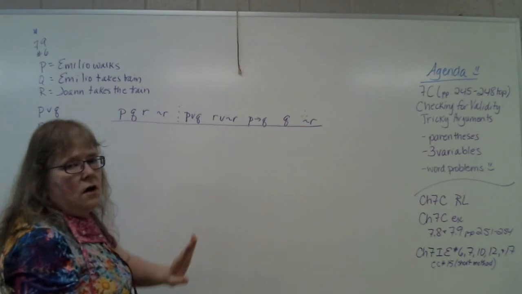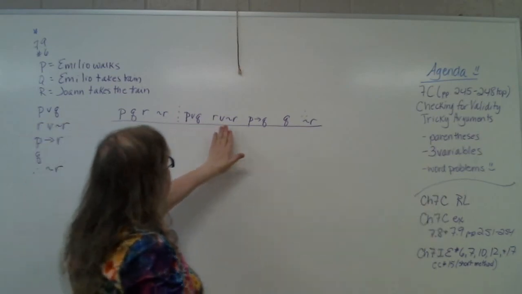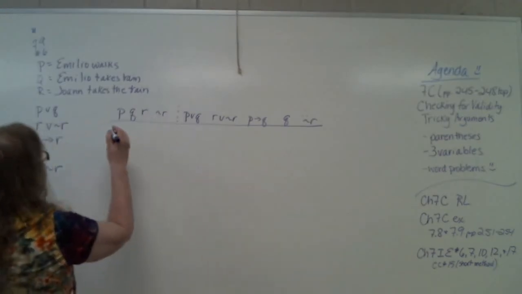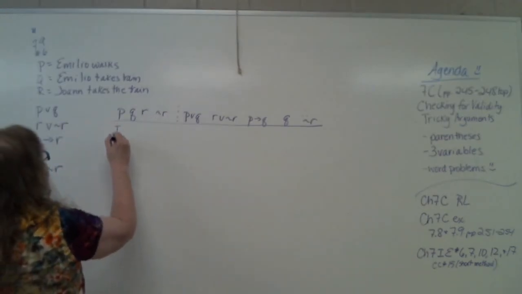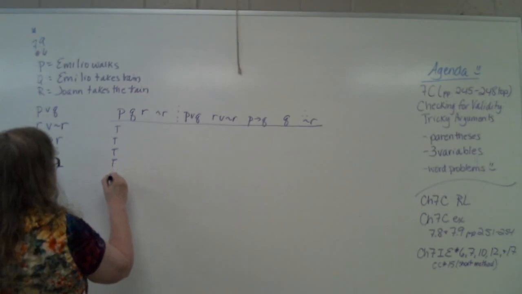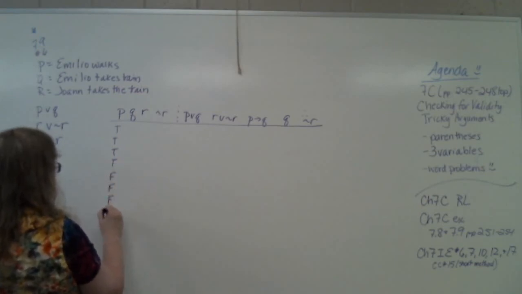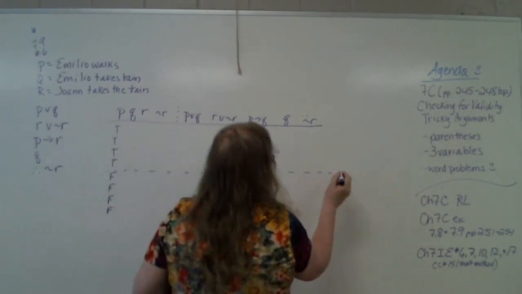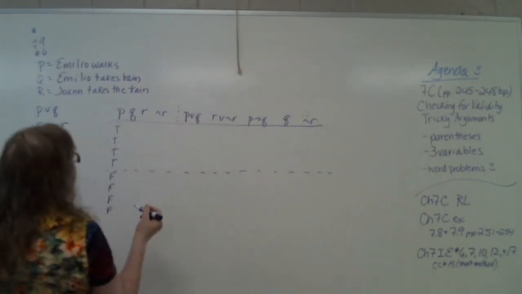The rest of it is all argument. So I have premise, premise, premise, premise, conclusion. Okay? And we're going to set it up like we always do. So it's 4 truths, 4 falses. And then I try this. And we'll see what happens.